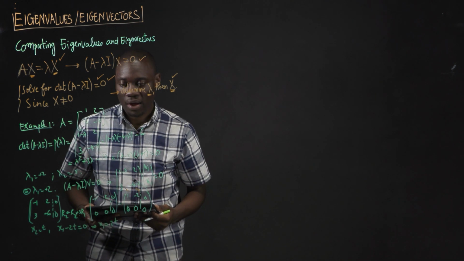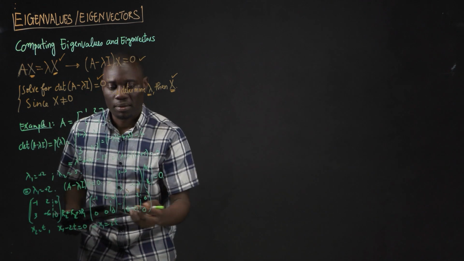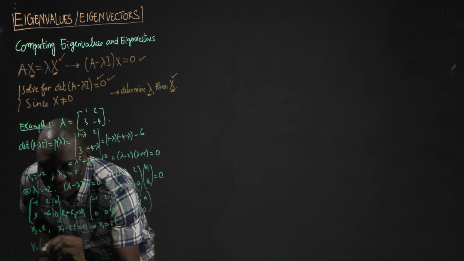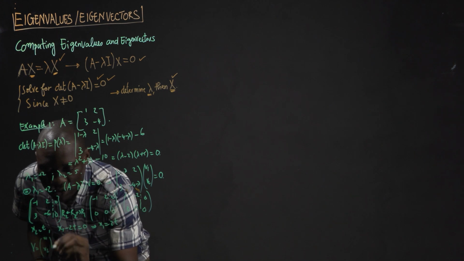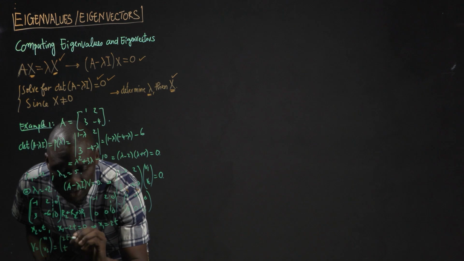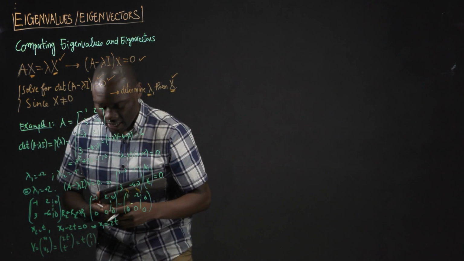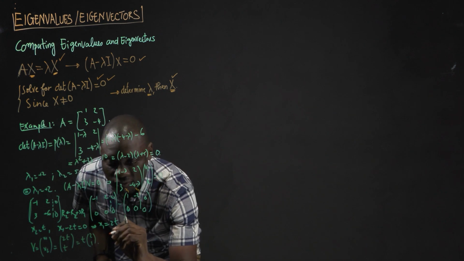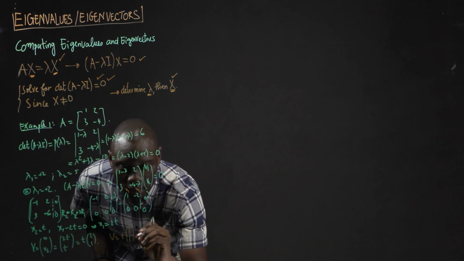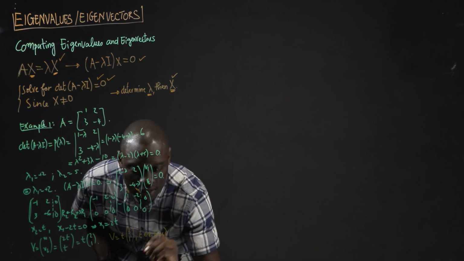Now if I want my vector v, which is [x1, x2], x1 is 2t and x2 is t, so I have t times [2, 1]. So my first eigenvector will be t [2, 1], with t belonging to R and t different from 0.